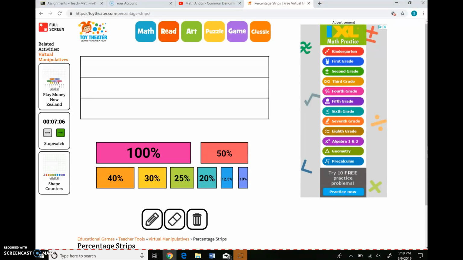But since we already did a lot of our discussion on fractions, I wanted to talk about the percentage strips. Basically you can just drag and drop here to compare the different percentages, and you can add them up to figure out how much you need for each one to equal.